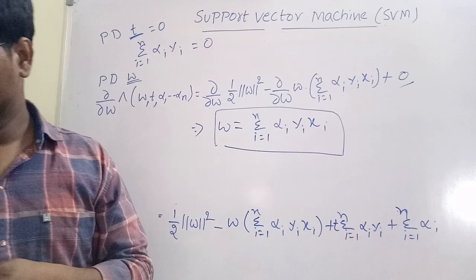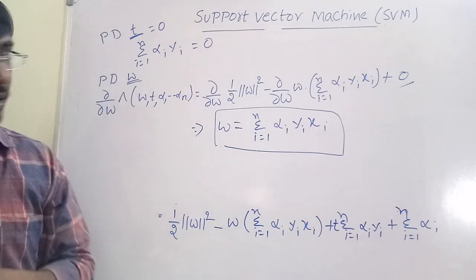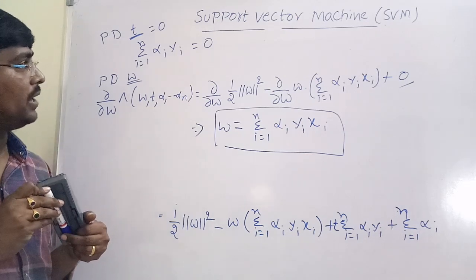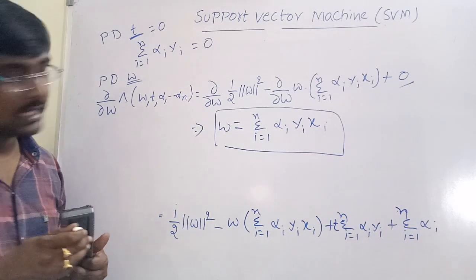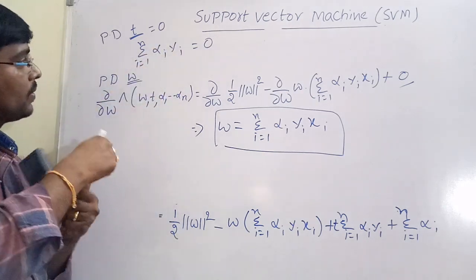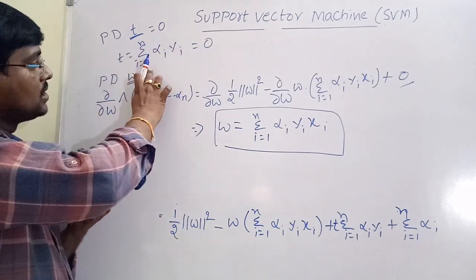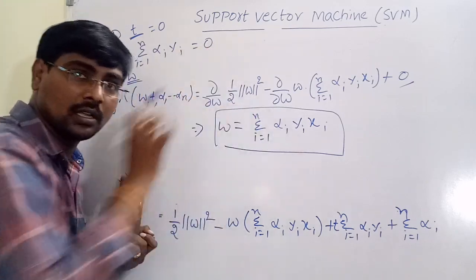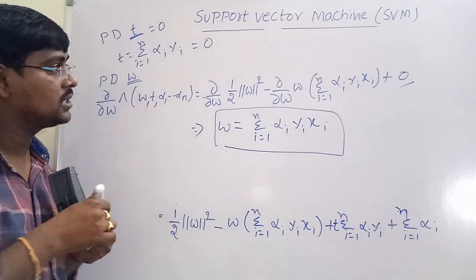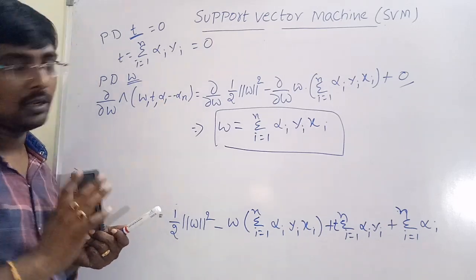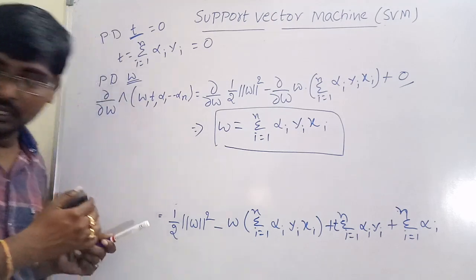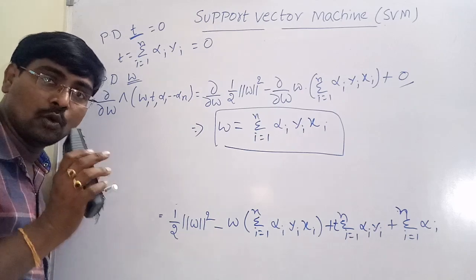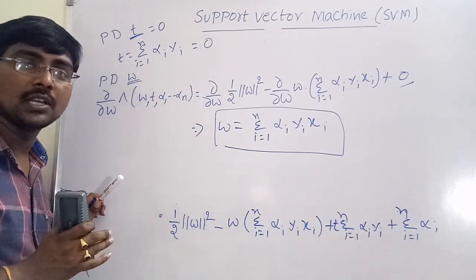Now, plugging these expressions for w and t, where the sum over i from 1 to n of alpha i yi is equal to 0, into the Lagrangian multiplier and eliminating w and t, we obtain the dual optimization problem.